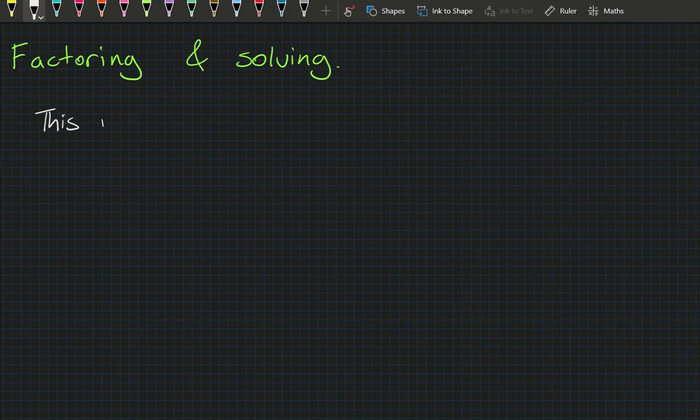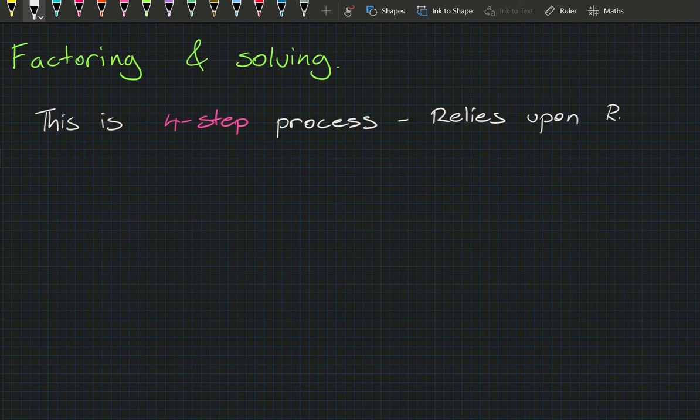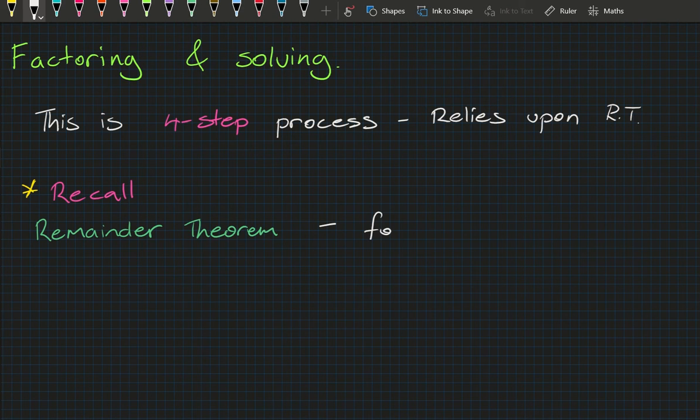Factoring and solving is a 4-step process that relies upon the remainder theorem. So let's recall the remainder theorem, which is about a direct relationship for a linear divisor, x minus a.